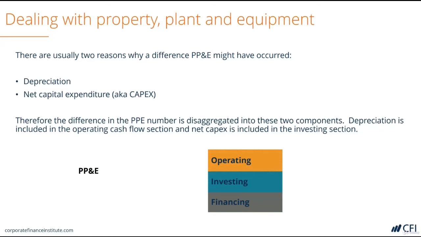Therefore, if we disaggregate PP&E into these two components, we can see where depreciation flows, which is to the operating section of the cash flow statement. And we can see where net CapEx flows, which is to the investing section of the cash flow statement. Now let's use an example with real numbers to see how this works in practice.